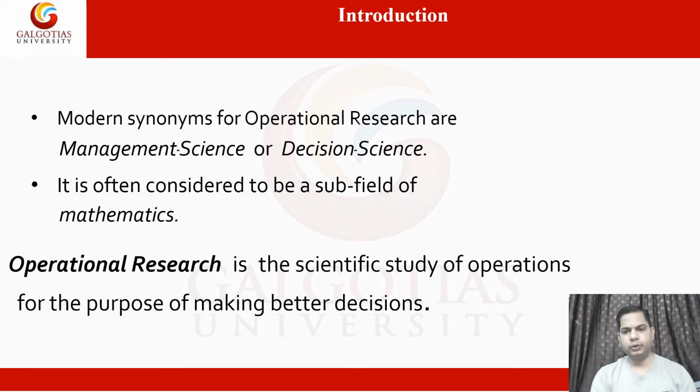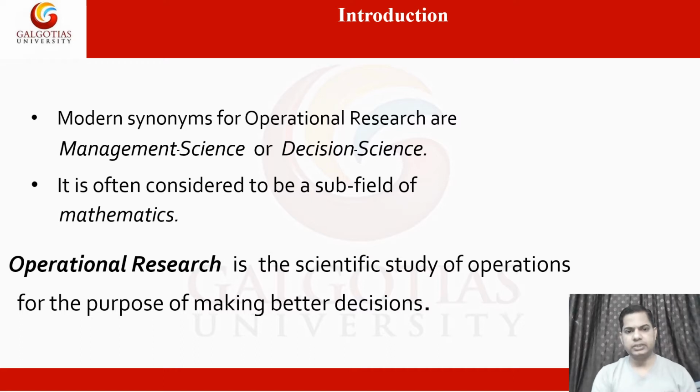As I discussed with you, this course is also known as operational research, management science, or decision science. In some of the universities in the UK or US, it is called management science. Some people use the terminology operational research, some call it quantitative technique, some call it operations research.